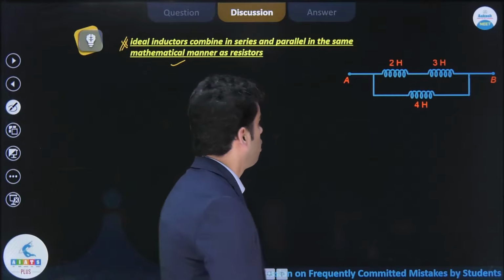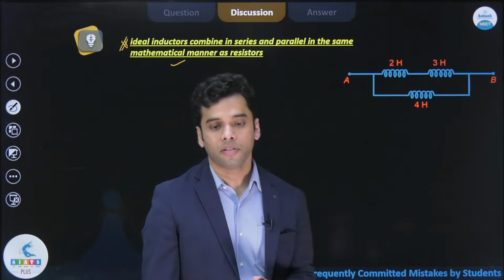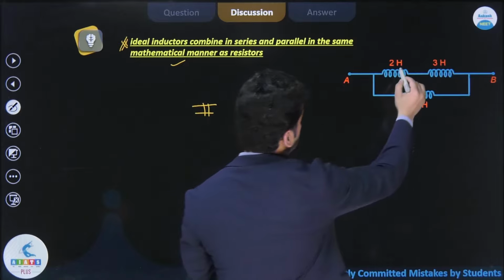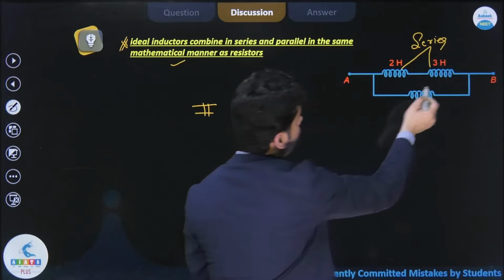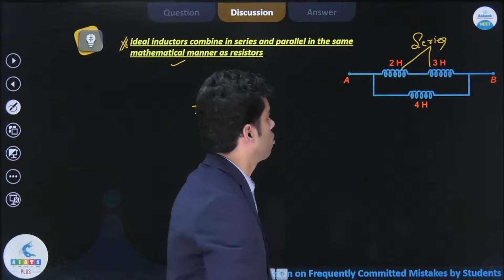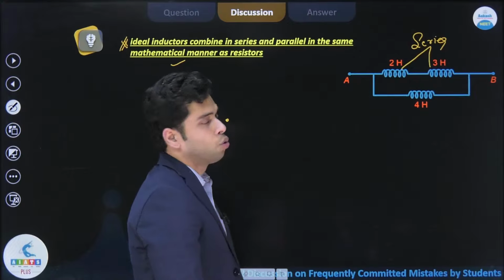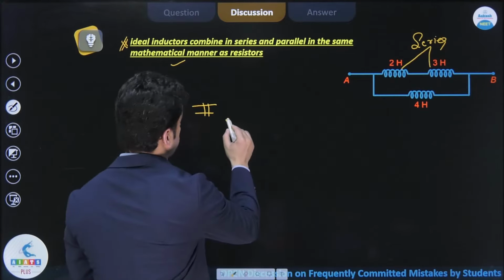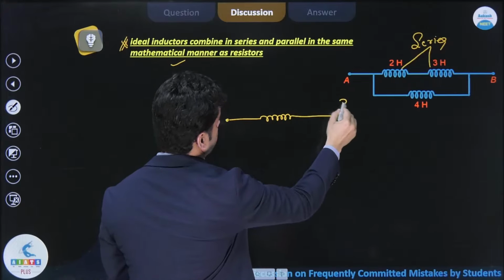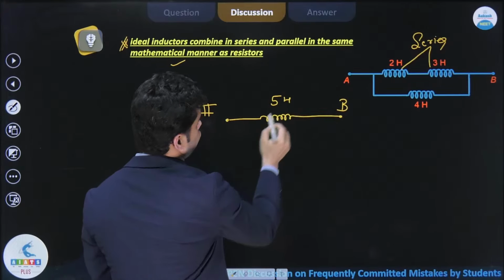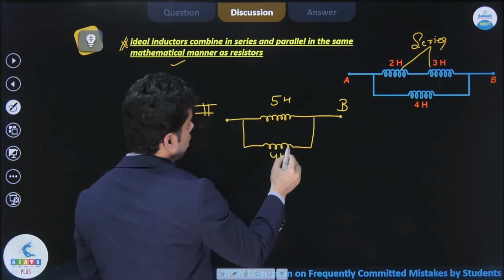So this means that the effective inductance you have to calculate between A and B: these two will be in series, and their equivalent will be in parallel with the 4. If I draw the circuit, the equivalent of these two is 2 + 3, that is 5. This point is A, this point is B, and this is 5 Henry, and you have one more that is 4 Henry. Now they are in parallel.